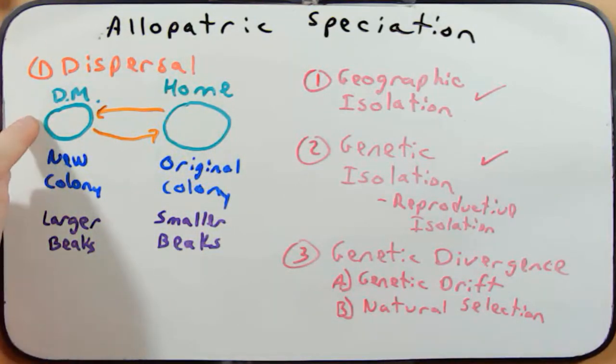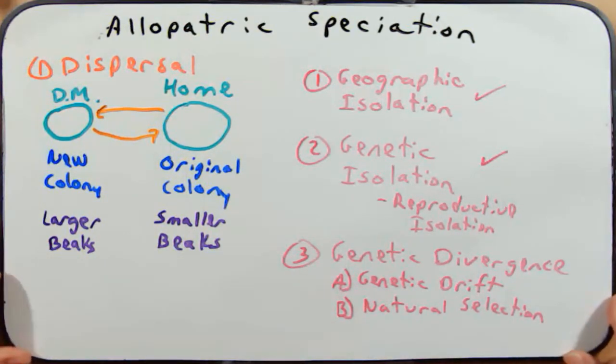Larger beaks on Daphne Major provide an adaptive advantage to survival, to being more fit than having a smaller beak. And likewise, on this home island, having smaller beaks provides an adaptive advantage. So natural selection has occurred between these two populations. So this is one example of dispersal allopatric speciation.